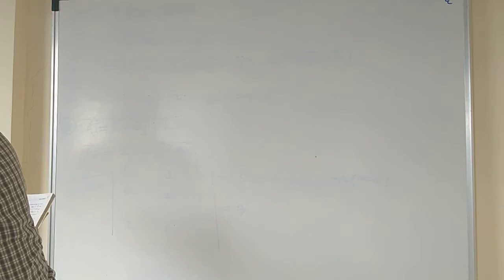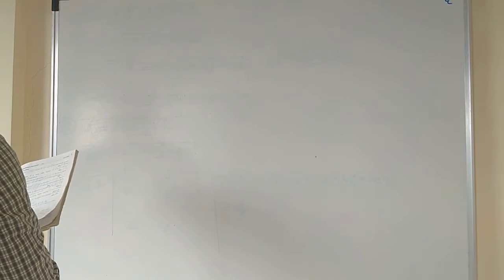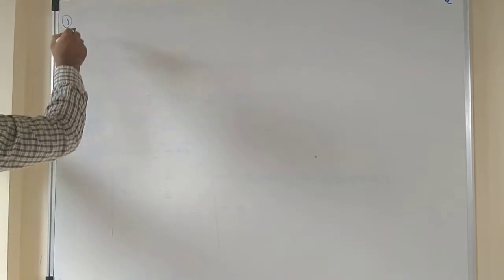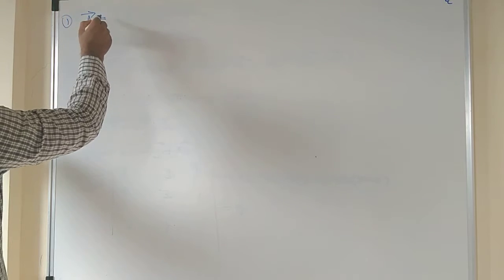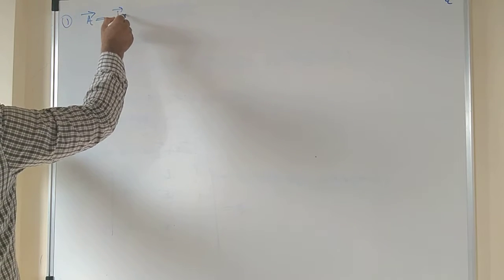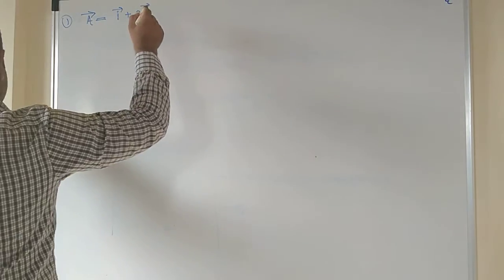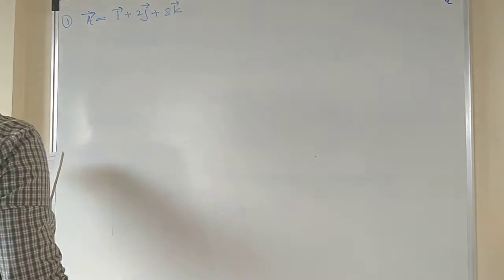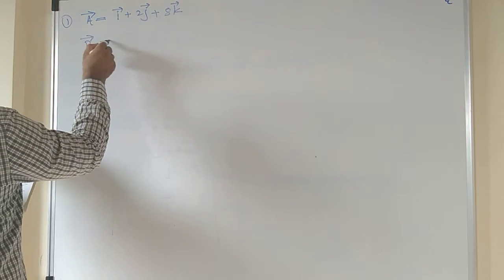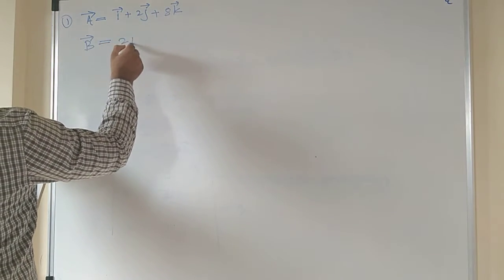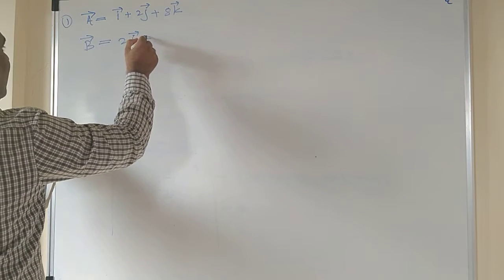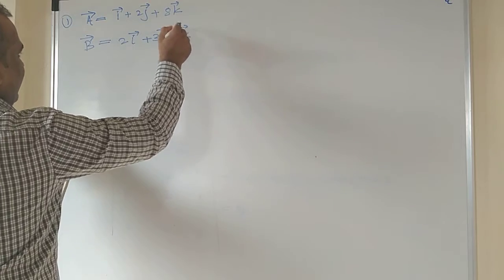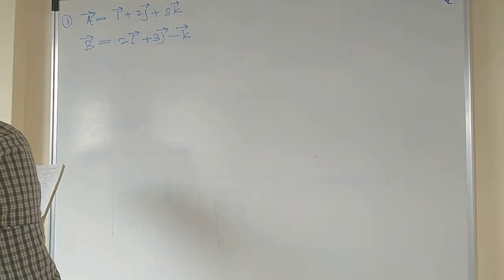Prove that vector a bar, which is i plus 2j plus 8k, and b bar, which is 2i plus 3j minus k, are perpendicular to each other.